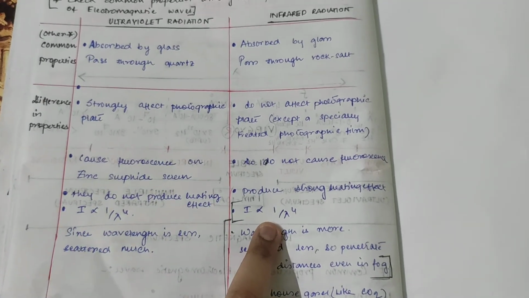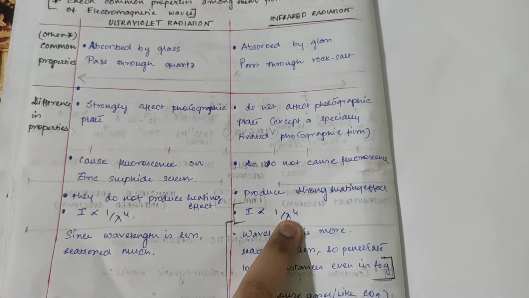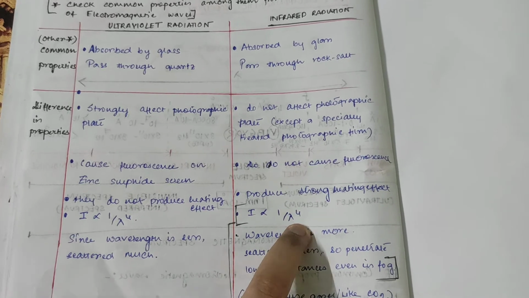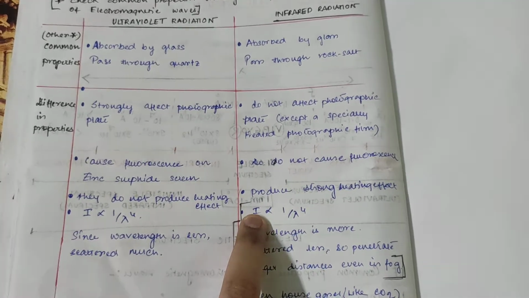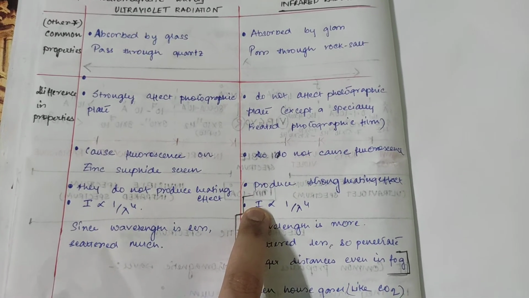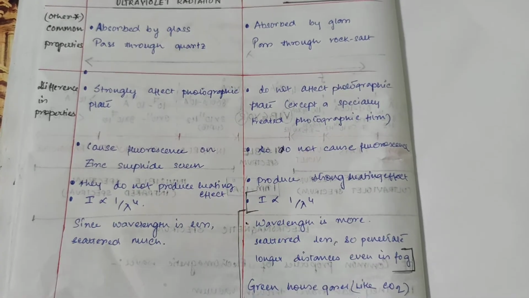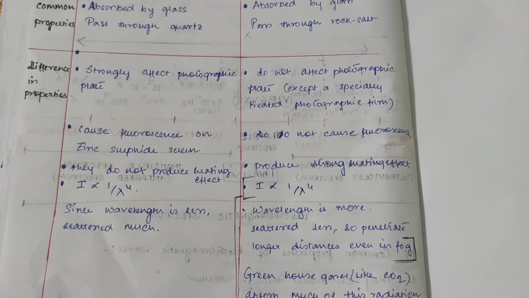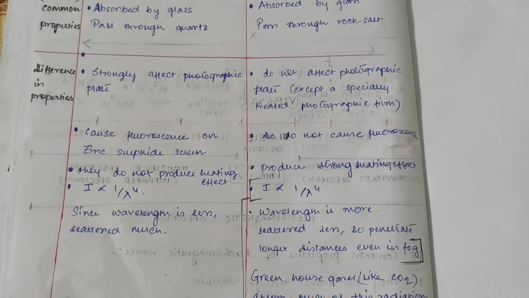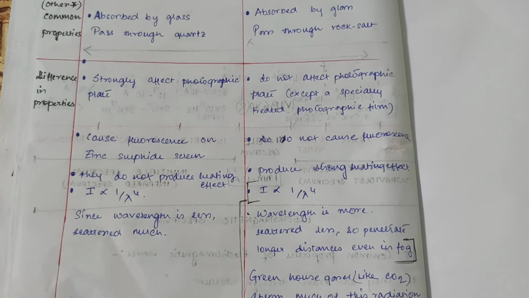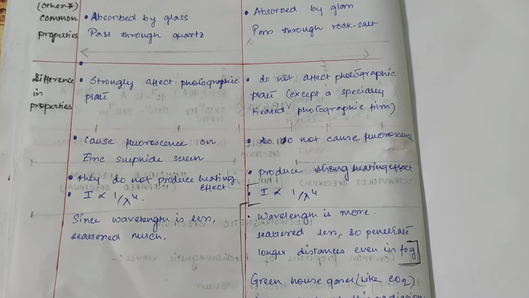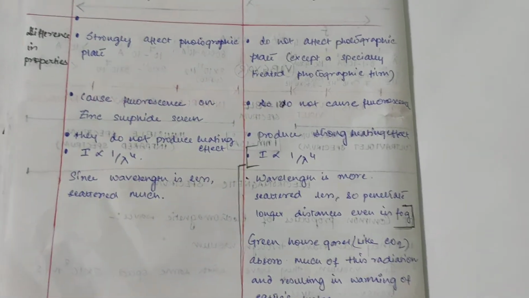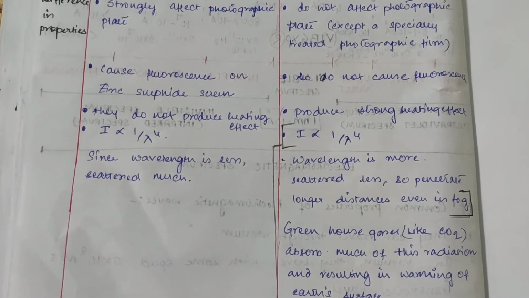Whereas for infrared, wavelength is much more, so intensity of scattering will be much less, inversely proportional. That is why they can penetrate larger distances even in mist and fog, and this is the property which enables the use of infrared radiations in photography at night or in mist or fog. These are the applications of infrared.